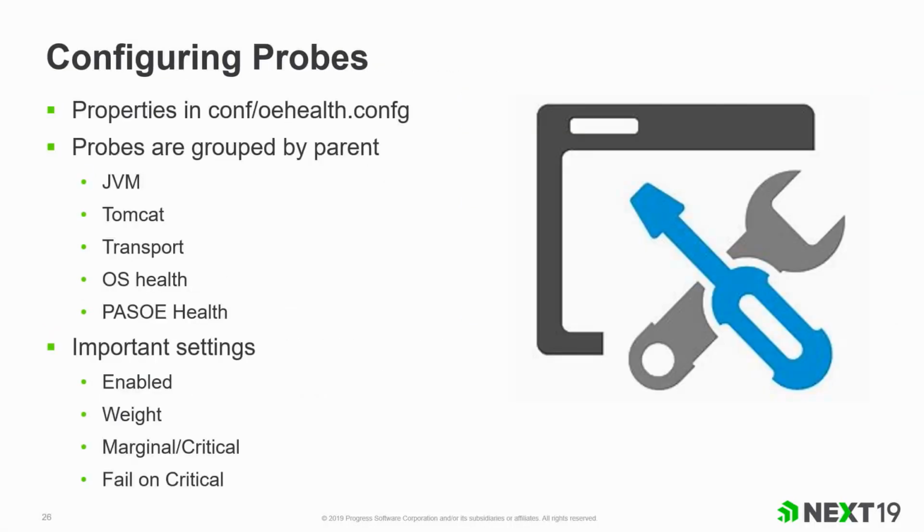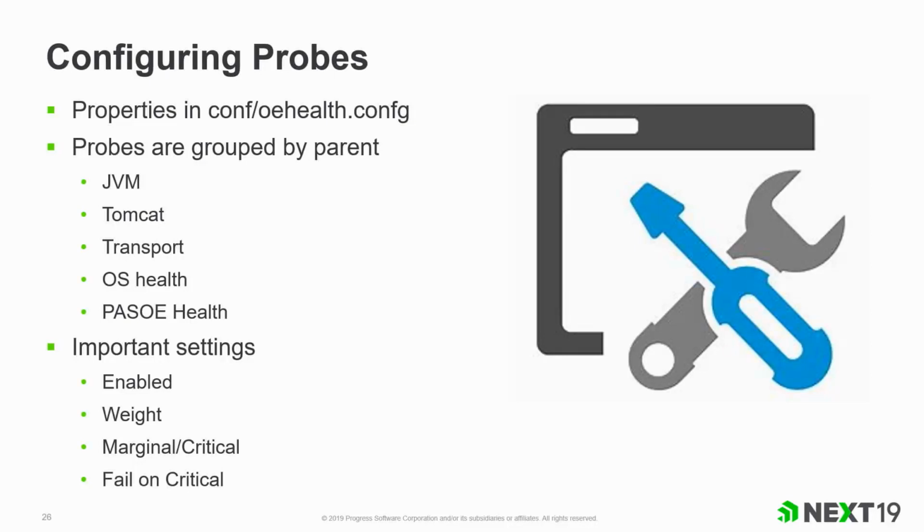So configuring probes, the property file or the configuration file is in conf, oehealth.config. That's probably an I in there. And probes are grouped by parent. Again, the main ones are JVM, Tomcat, our transport probes, OS Health, and then the whole server health. The important settings that you'd be dealing with, and there's a bunch of settings.